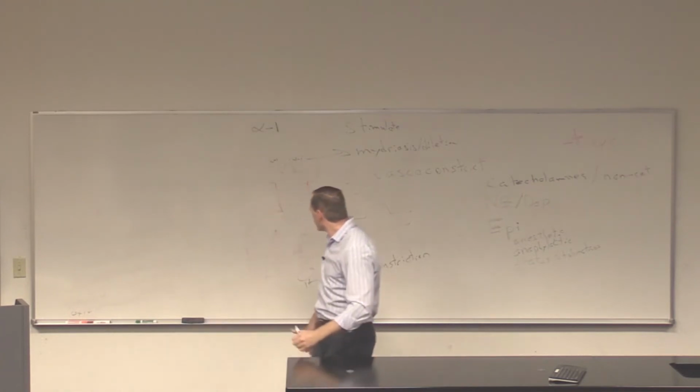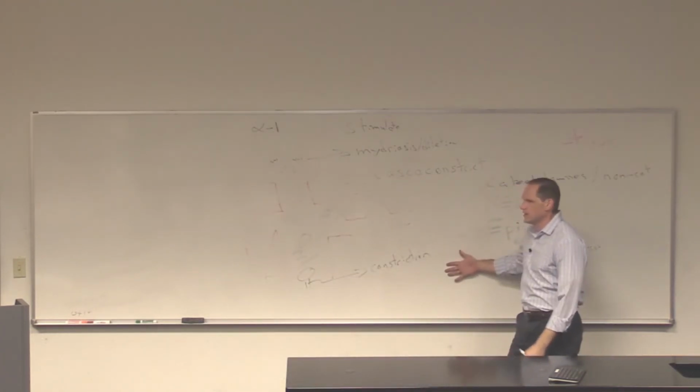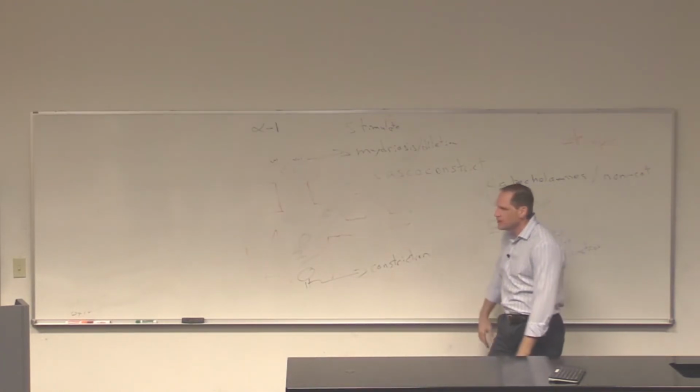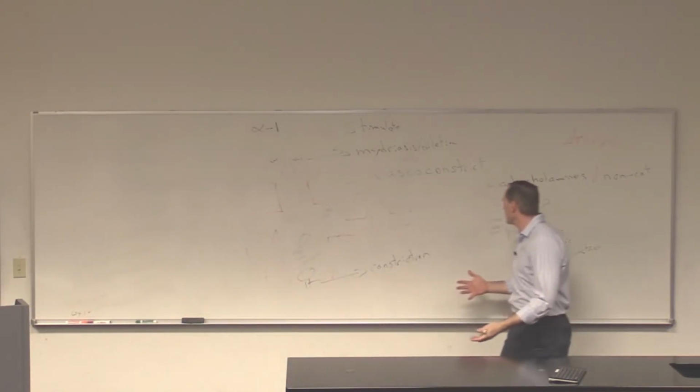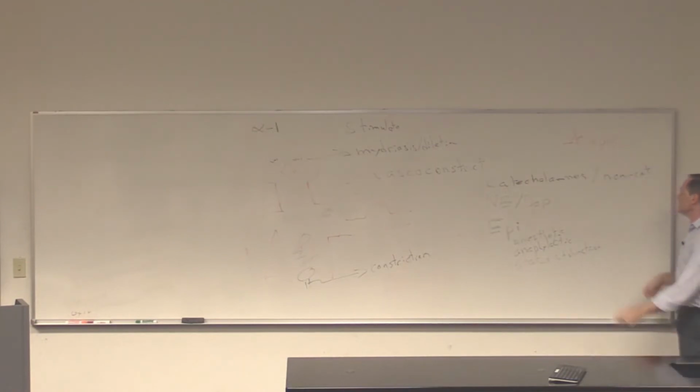All right, so that's it for beta-1 or alpha-1 stimulation. But that's not it, because we forgot about the non-catecholamines. So now we're going to talk about phenylephrine and pseudoephedrine.